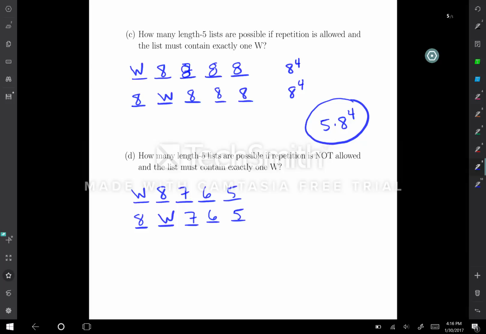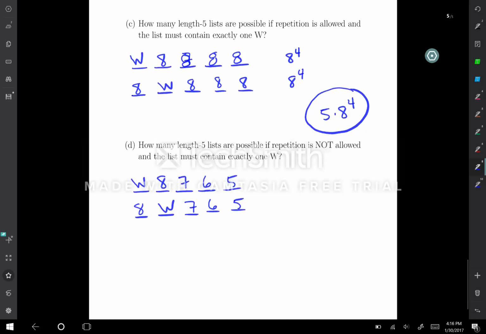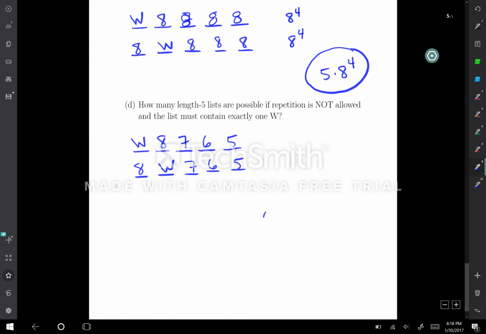And as we continue considering the W moving through the 3rd, 4th, and 5th positions, ultimately we would have 5 times 8 times 7 times 6 times 5, or 8 times 7 times 6 times 5 squared as our final answer.